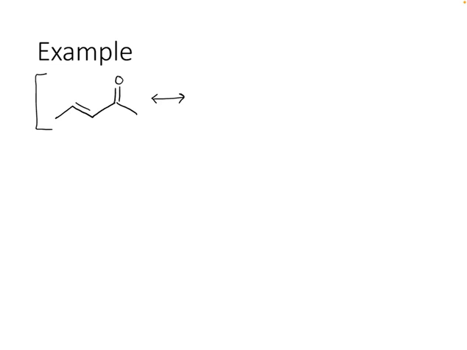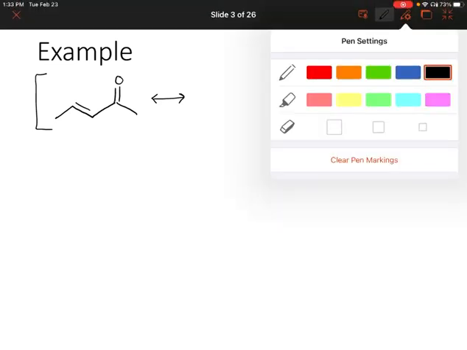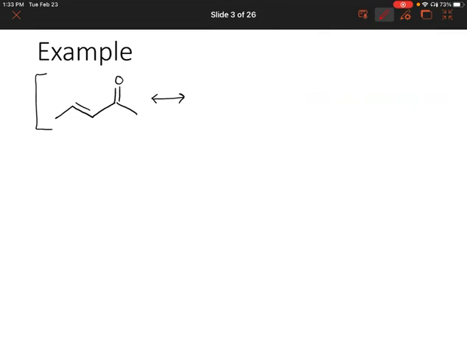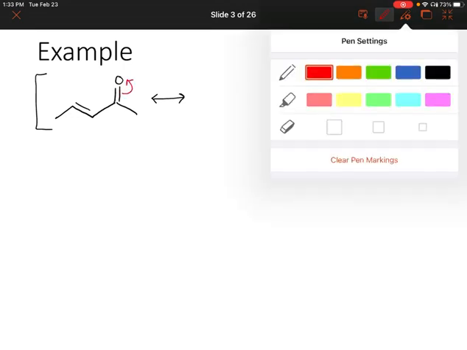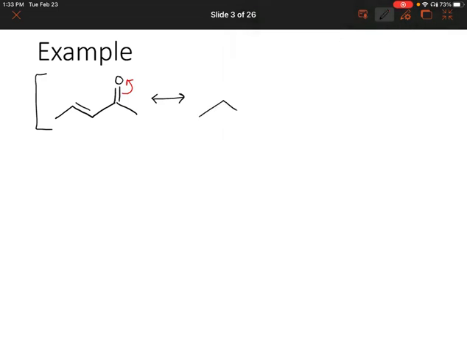So which pi bond should we move first? Well, one option is to move the pi bond between carbon and oxygen, and we'll move those electrons up to oxygen. So now we have a positive carbon and negative oxygen.